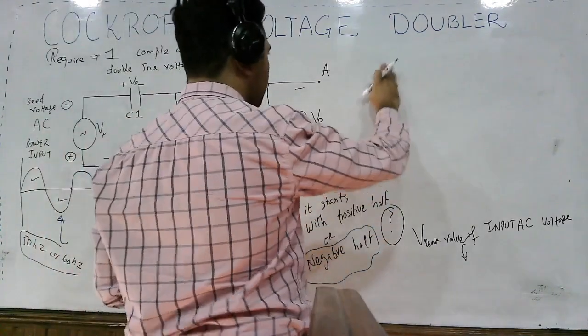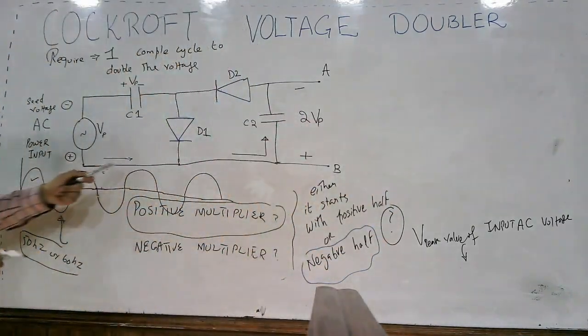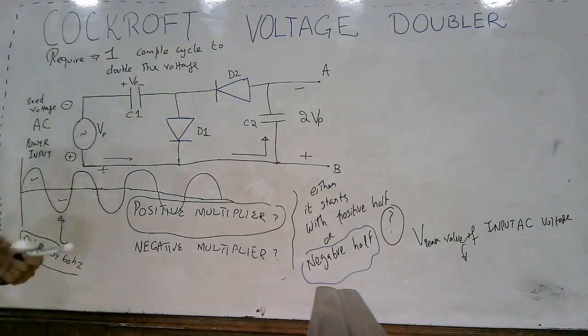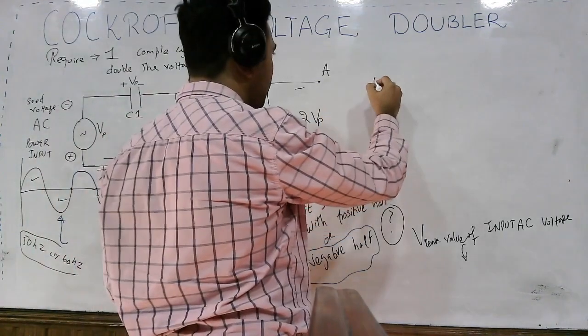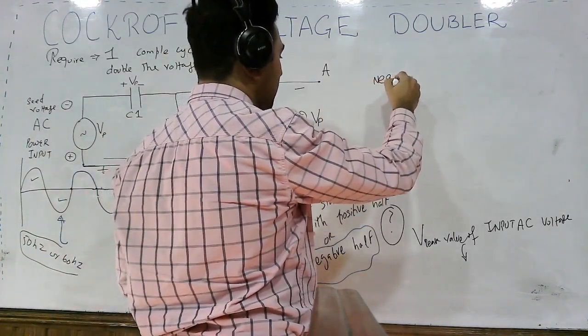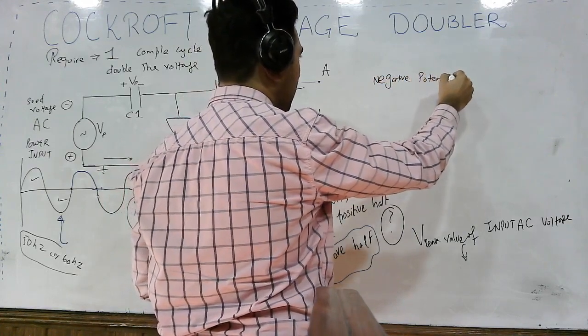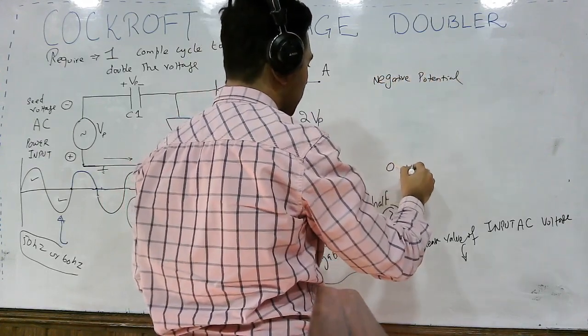Since this point is grounded, the voltage here is 0 volts, so here you will have the negative potential and here you will have 0 volts.